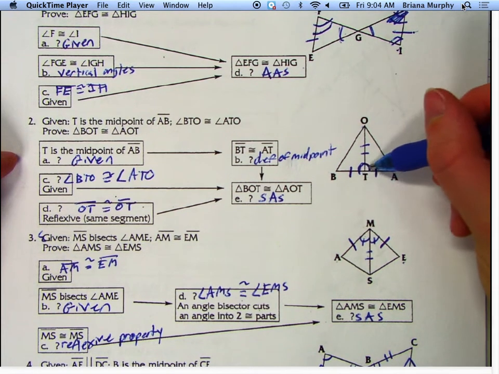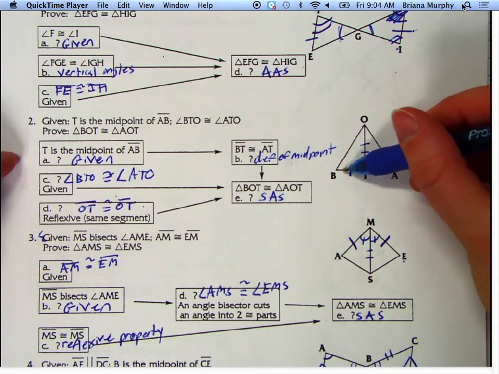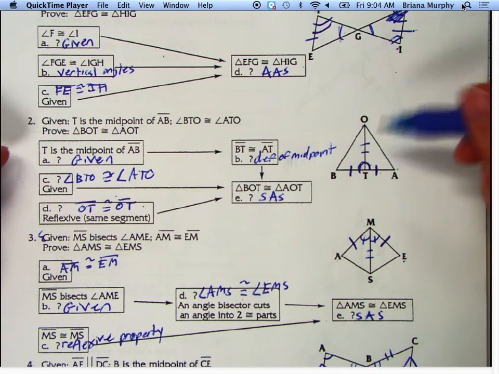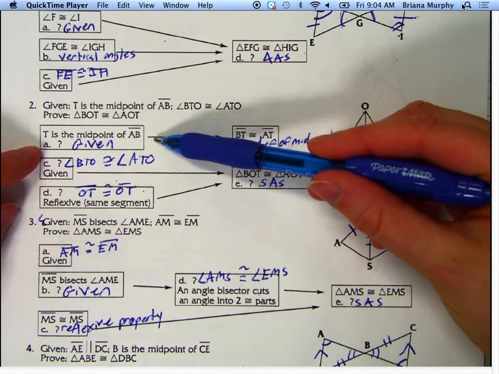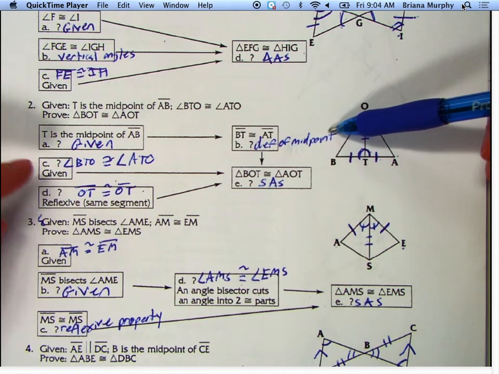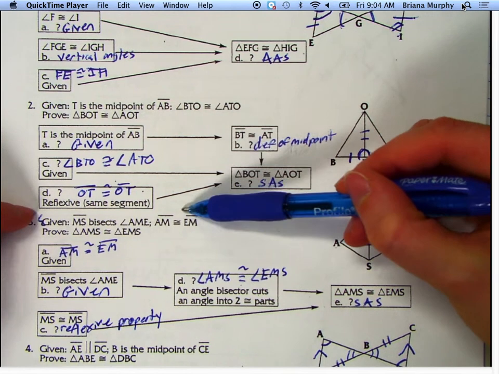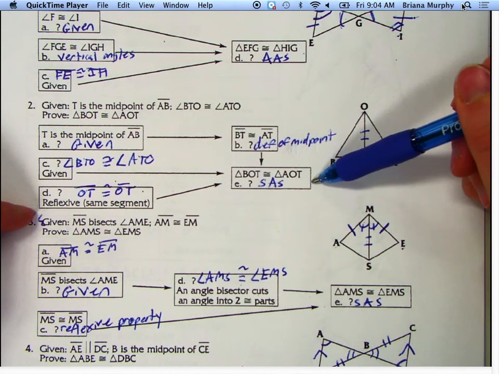I marked the angles congruent, and I know OT is congruent to OT by reflexive, so I've got side, angle, and side. So I write down A is my given, B is my definition of a midpoint, C is my angles are congruent by given, D is OT is congruent to OT by reflexive, and E is congruent by side, angle, side.